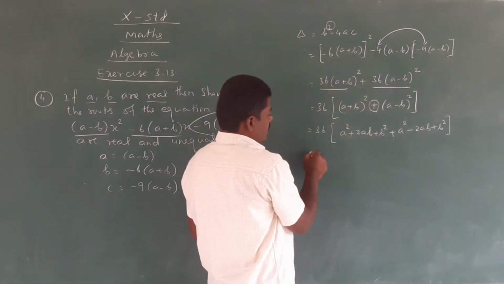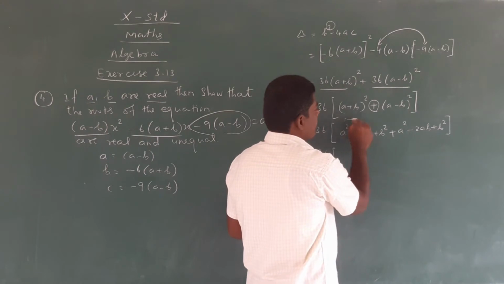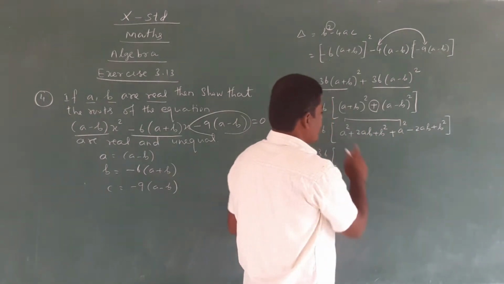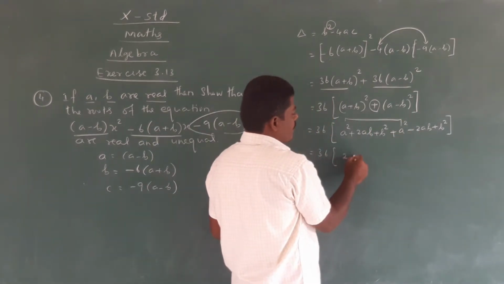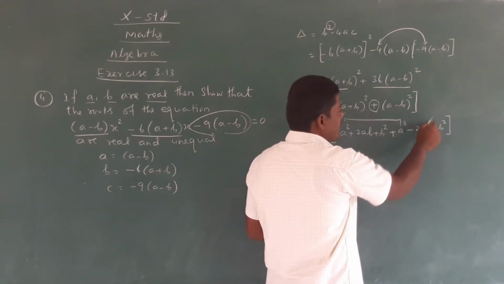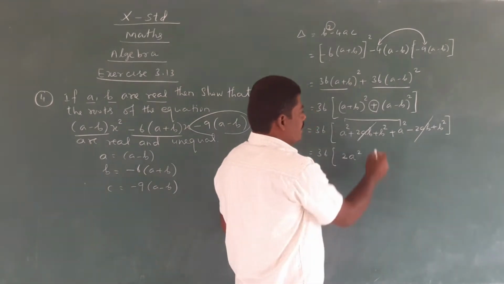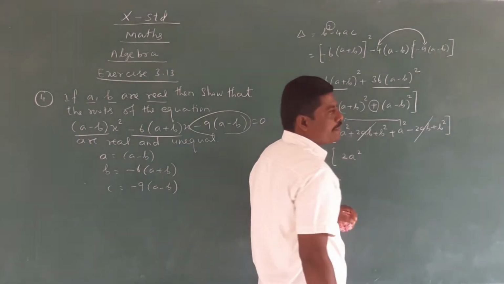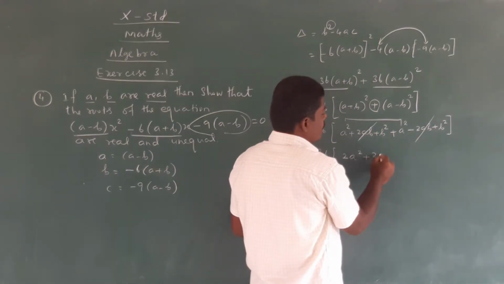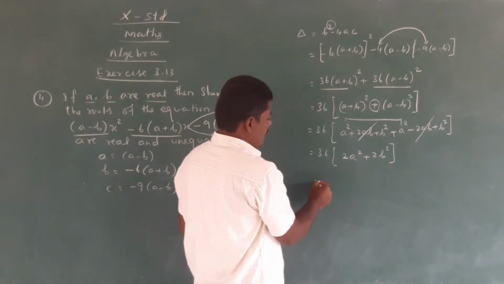Understand? Now 36 of here: a² plus a², we can add them, 2a². Here plus 2ab minus 2ab gets cancelled. Plus b² plus b², 2b². Understand?